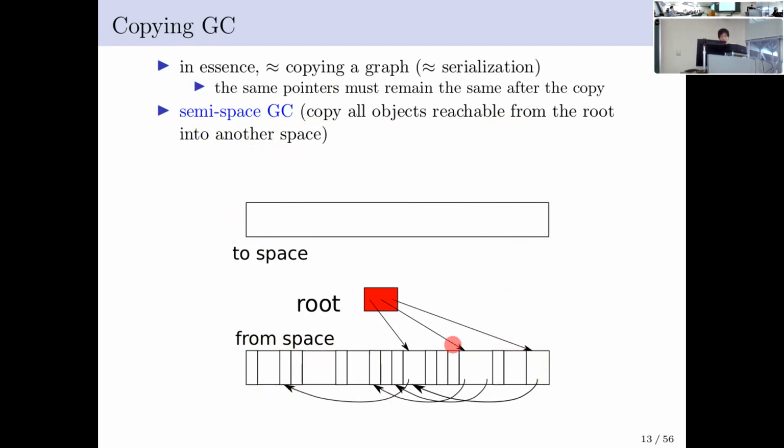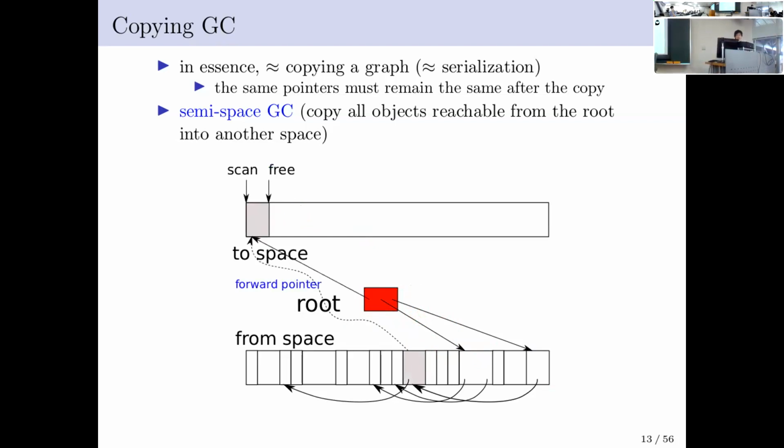This is where the objects have been allocated, and when this space becomes full, a garbage collection happens. The purpose here is to copy the entire part of the graph that is reachable from this root to this to-space. But other than that, what you are doing is essentially the same as the mark and sweep case.